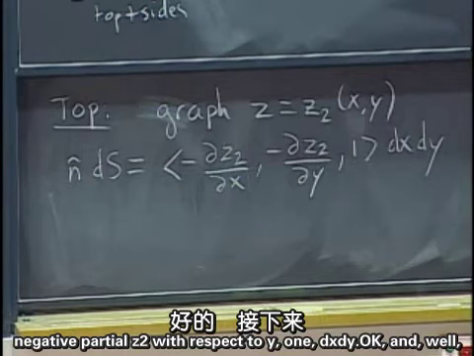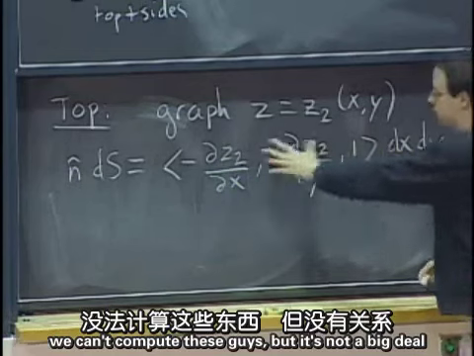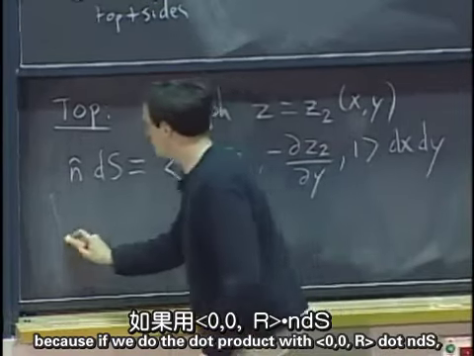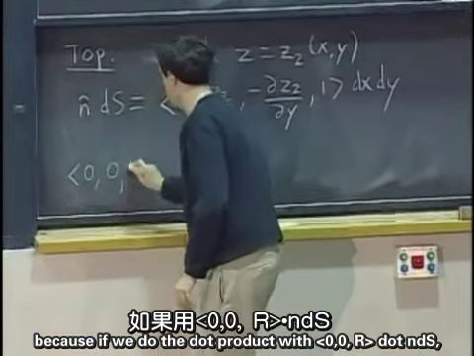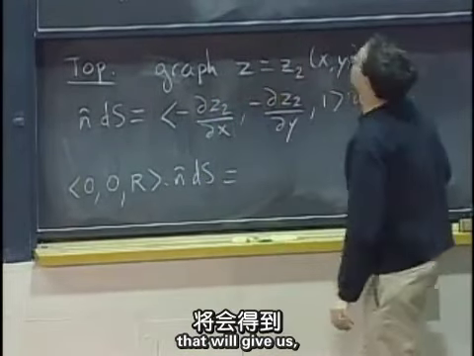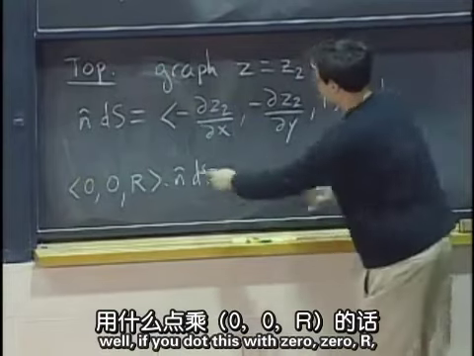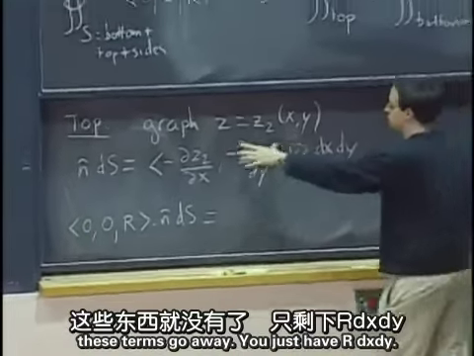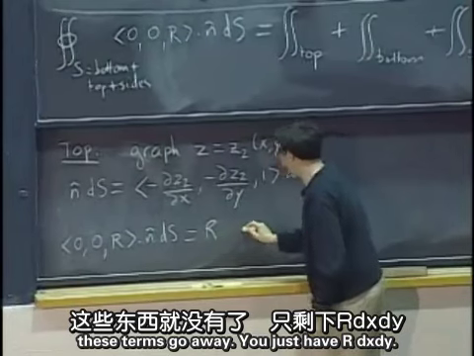And we can't compute these guys, but it's not a big deal, because if we do the dot product with 0, 0, R, these terms go away, you just have R dx dy.